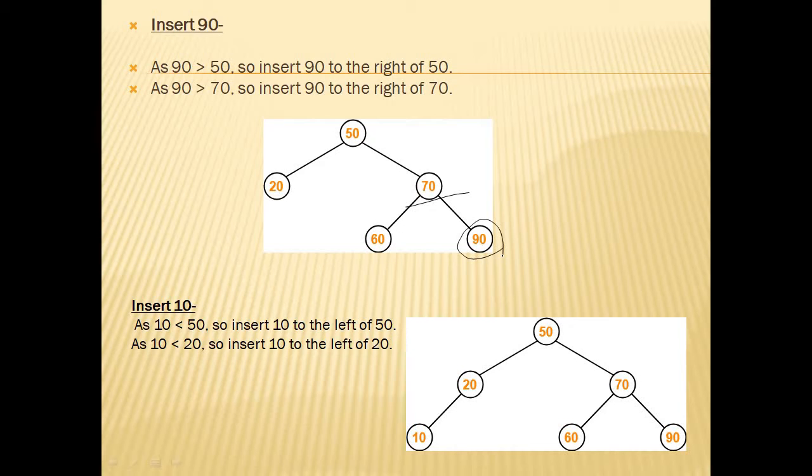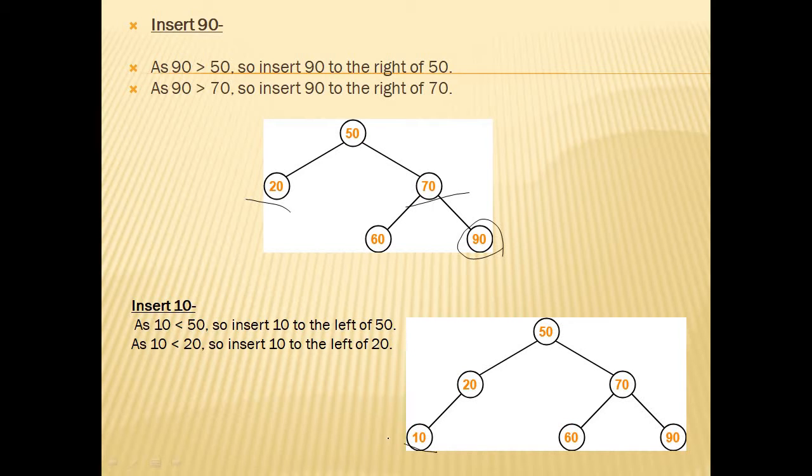The next element is 10. 10 is less than 50, so we place it on the left hand side. But on the left we already have one element, 20, so again we apply the same formula for 20. 10 is less than 20, so we insert 10 to the left of 20.